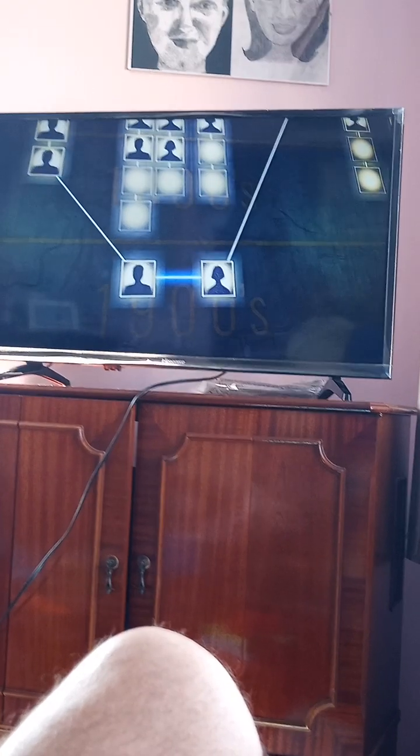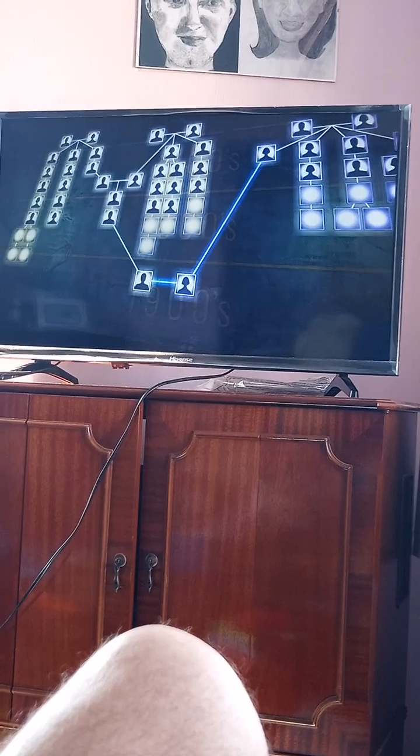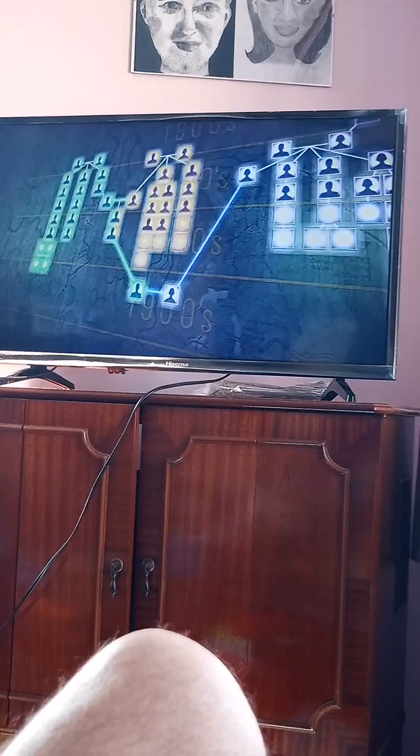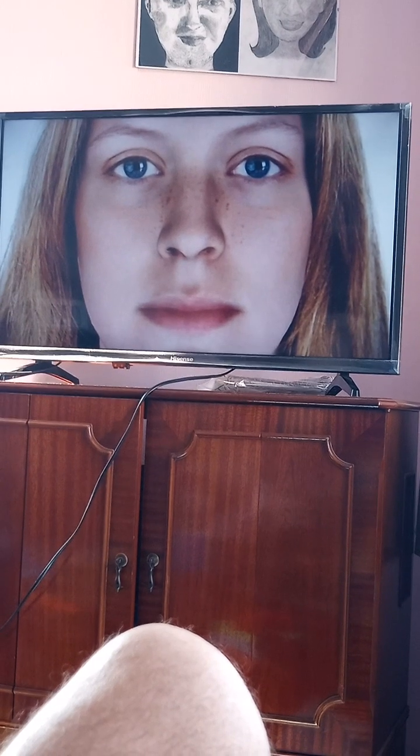I found a marriage of someone who descended from genetic network number 1 to somebody who descended from genetic networks 2 and 3. We know it's a female, so it's got to be a daughter or granddaughter of this couple.